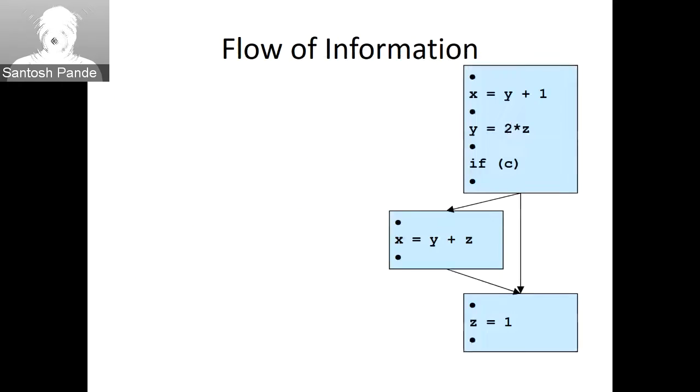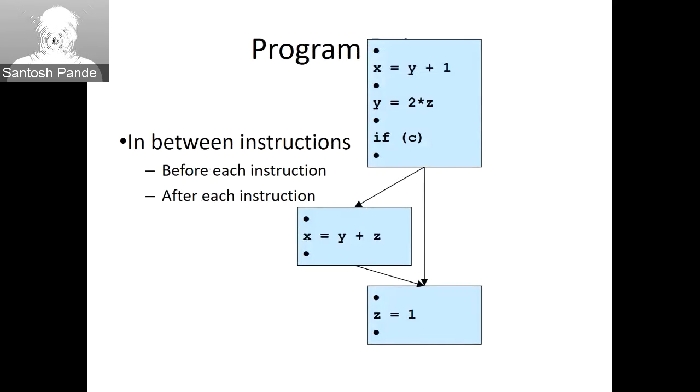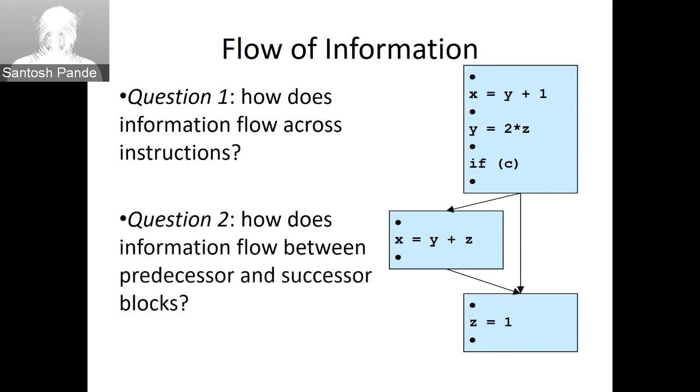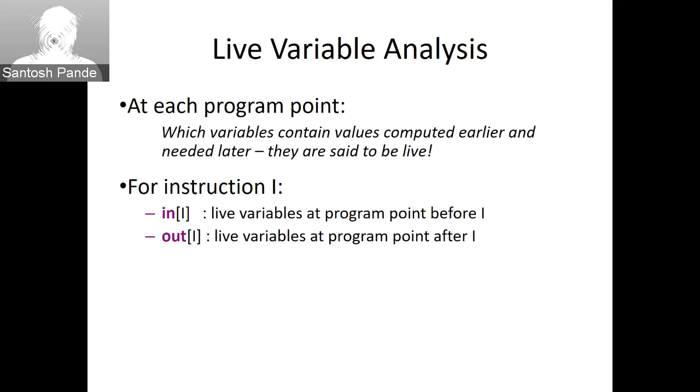So let's use the definition of liveness first. We call a variable live at a given program point, provided there is a use of that variable somewhere downhill from the current program point.